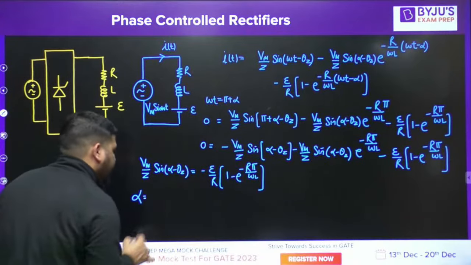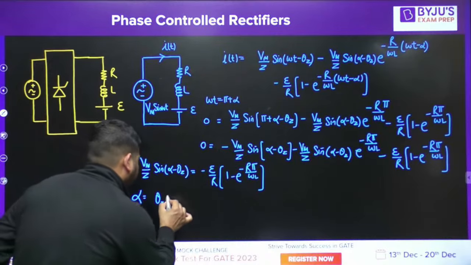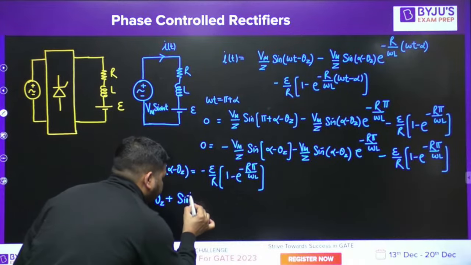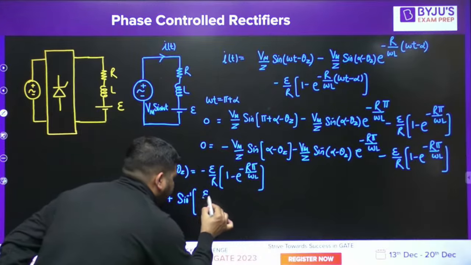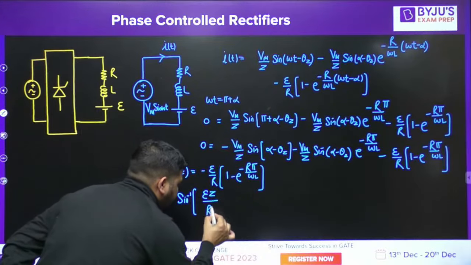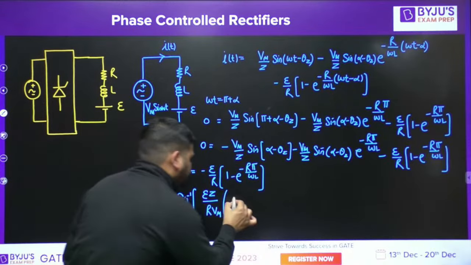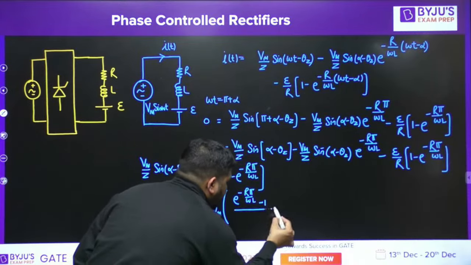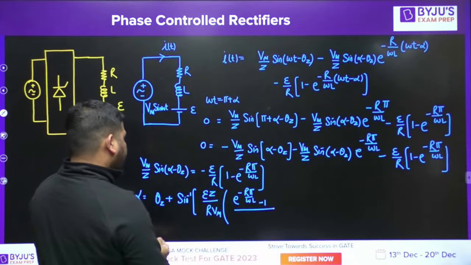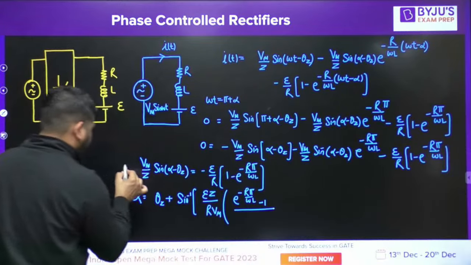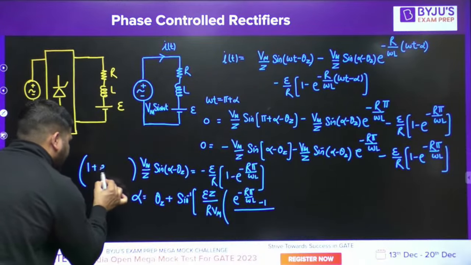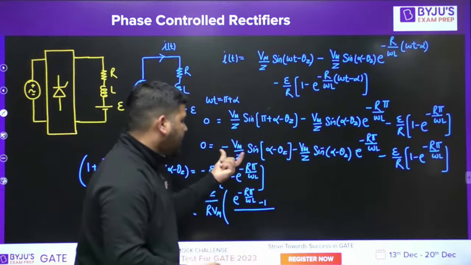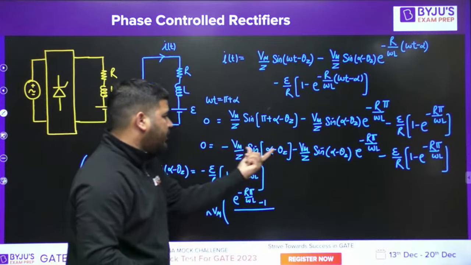Alpha is equal to theta Z plus sine inverse of Z E divided by R Vm into e to the power minus R pi by omega L minus 1, divided by 1 plus e to the power minus R pi by omega L. You have one more factor because you are taking this entire side on the right side, and you are taking this common.